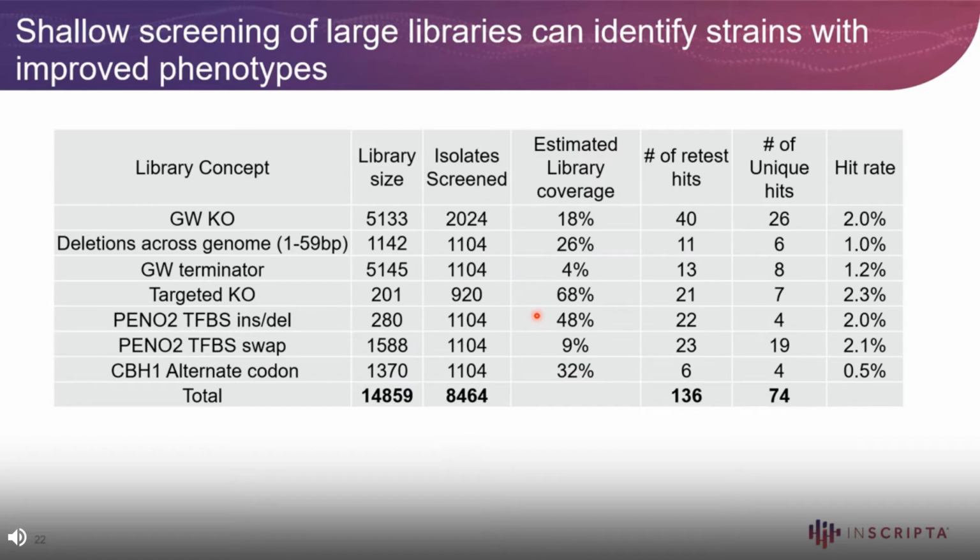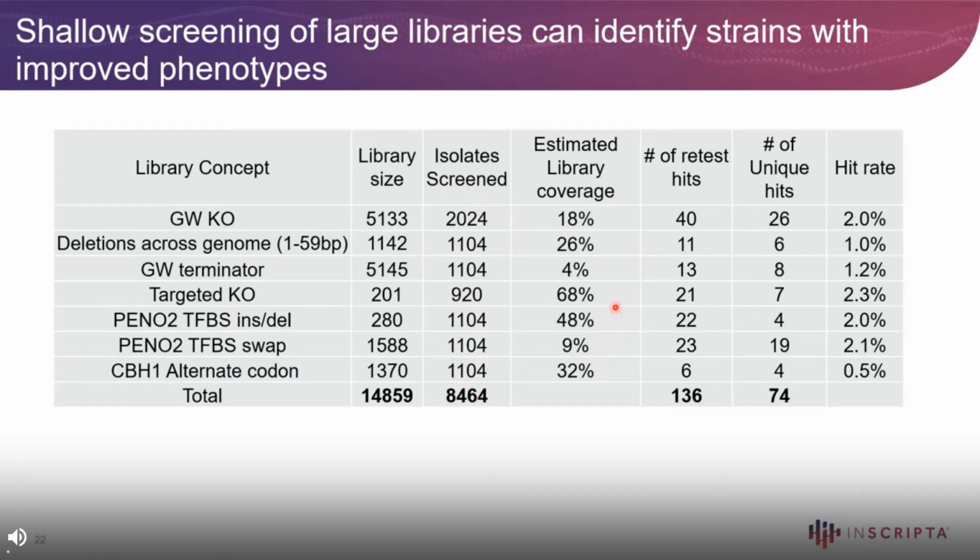One of them is the size of the library, the number of isolates that are screened, obviously, the editing fraction within that library, because not all cells are going to be edited, and also the distribution of edits within that population, because you're not going to have an equal distribution of all the edits within that population. So that's what's used to estimate the amount of library coverage from screening these number of isolates.